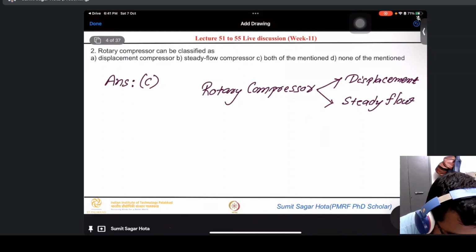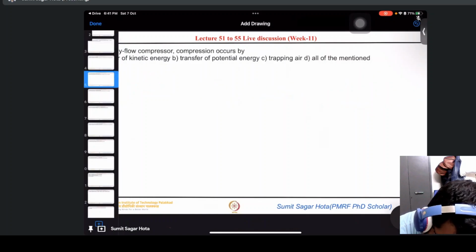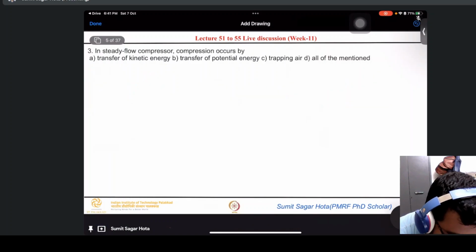These are the two types of compressor. In steady flow compressor, compression occurs by what?